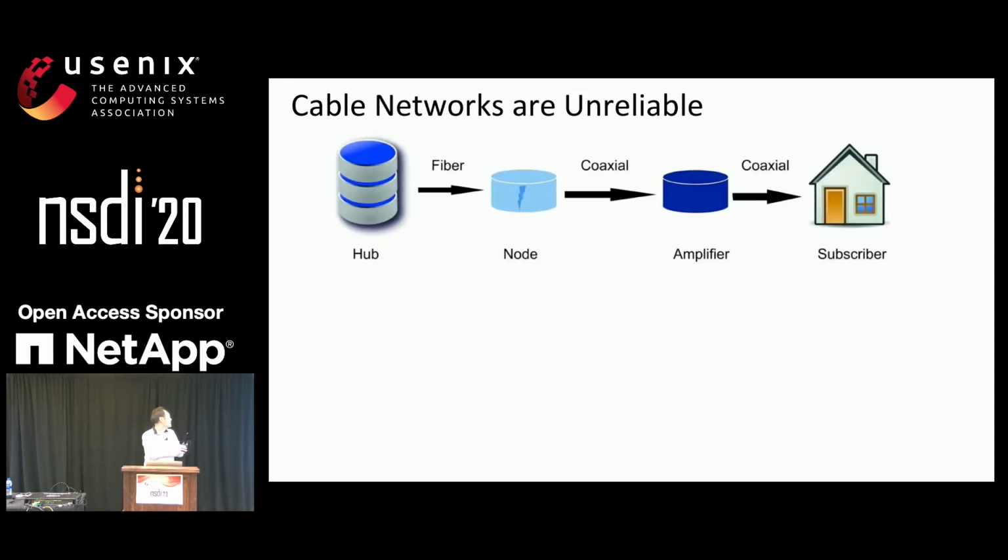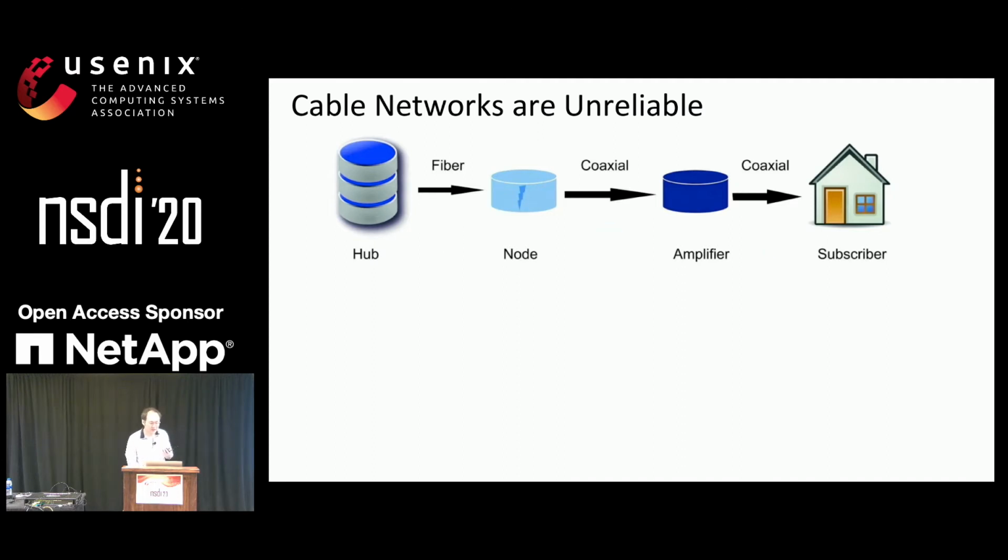However, cable networks are unreliable. As shown in the figure, part of the reason is the HFC, or hybrid fiber coaxial, architecture. This HFC architecture contains not only fiber optics, but also coaxial cables.